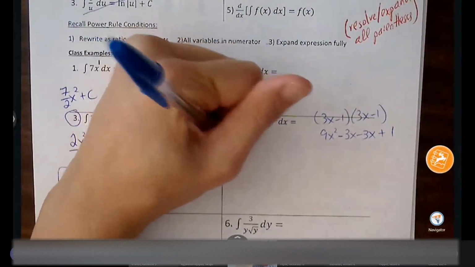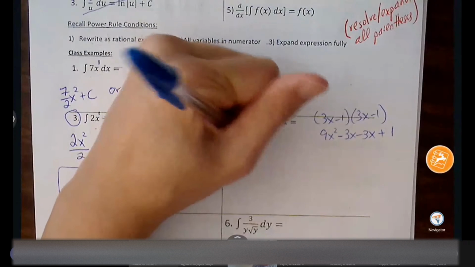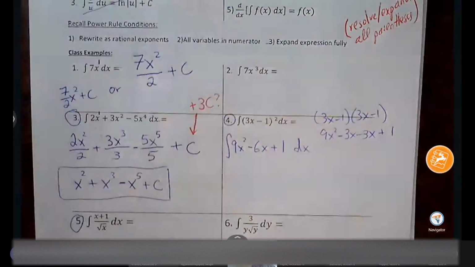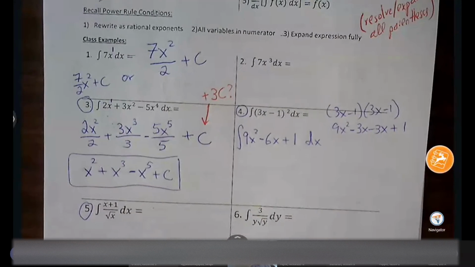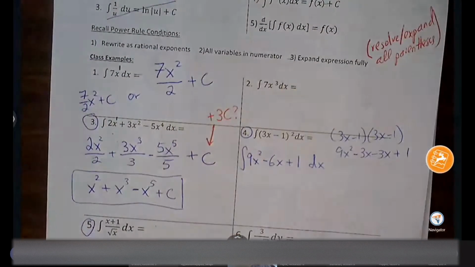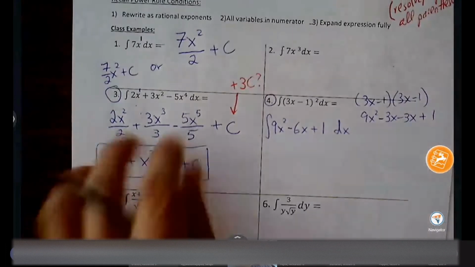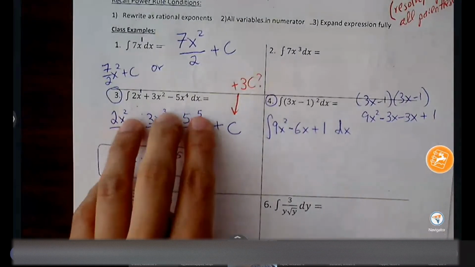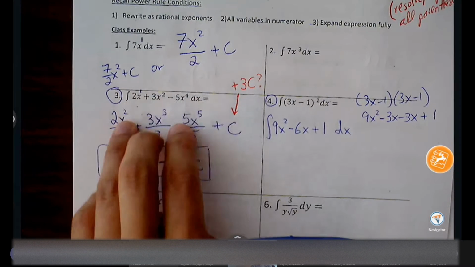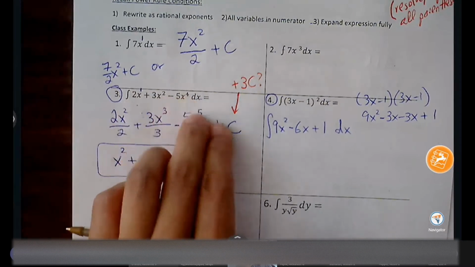And now I'm going to set up my antiderivative. Everything is set up and ready. All of our conditions are good to go. Now I want to revisit something here. Notice that every degree rose by 1, right? So 1 became 2, 2 became 3, 4 became 5.